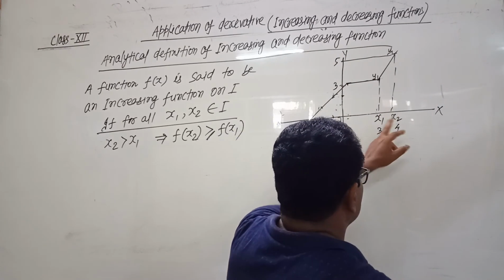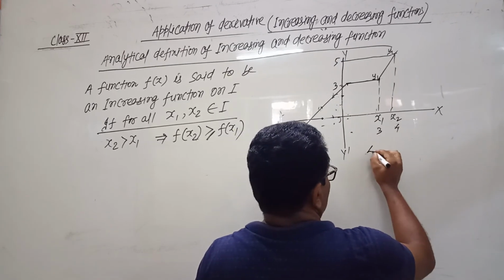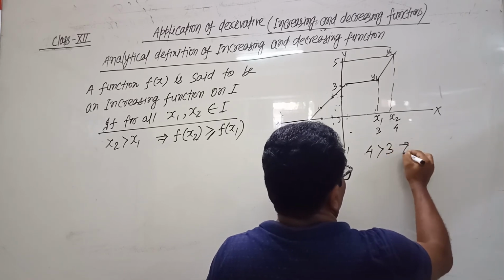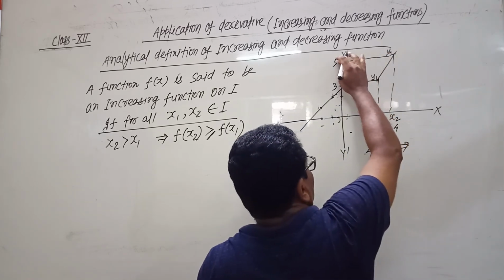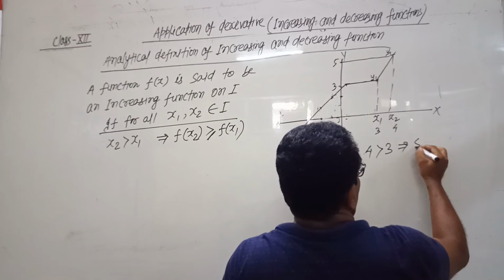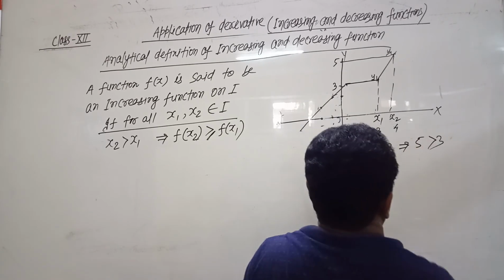So if x2 is greater than x1, means 4 is greater than 3, it means f(x2) is greater than f(x1), 5 is greater than 3.